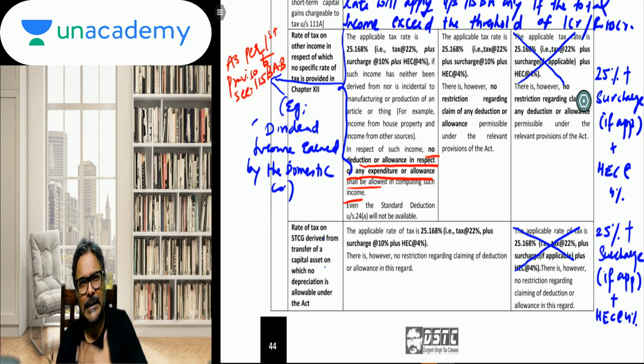If a domestic company or an individual for that matter is earning a dividend income, there is a corresponding expenditure, like interest expenditure, which we have seen. There is a limit, but there is still a deduction available. We have seen those concepts.